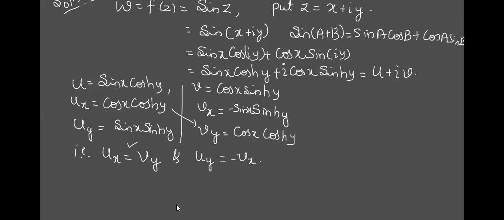Yes. The first equation is correct, cos x cos hyperbolic y, both are same. And if you compare uy and vx, they are equal, only differing by a minus sign. So this minus will balance, right? So the second equation also is true. Agree, all of you? u and v satisfy CR equations.